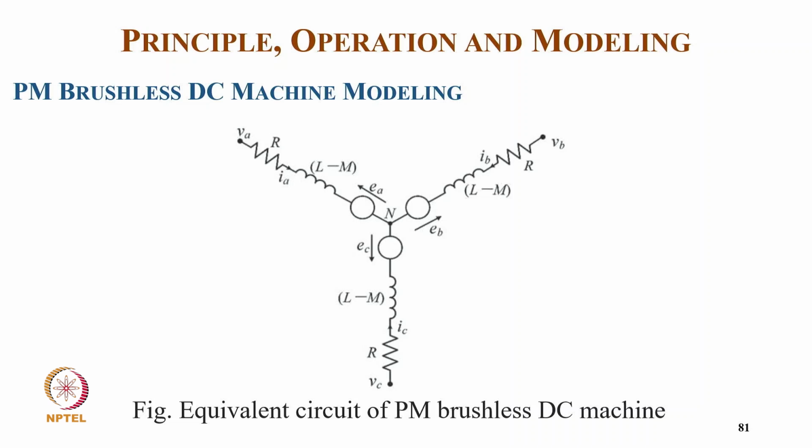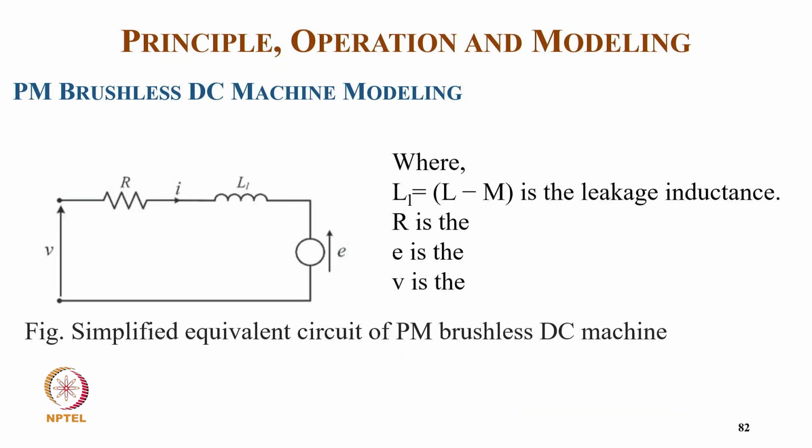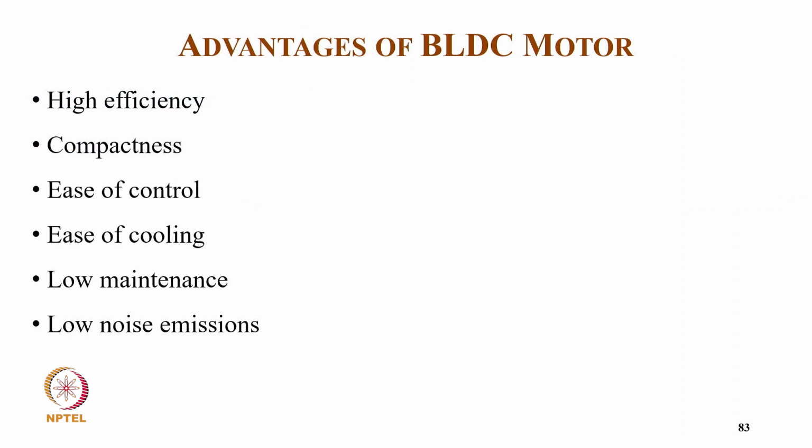Here we have a three-phase winding which has a resistance drop, as well as an inductance drop L minus M, and then the back EMFs EA, EB, EC corresponding to all three phases. Typically L1 is L minus M, the inductance, R is the resistance, E is the back EMF, and V is the voltage. So it's a simplified equivalent circuit.